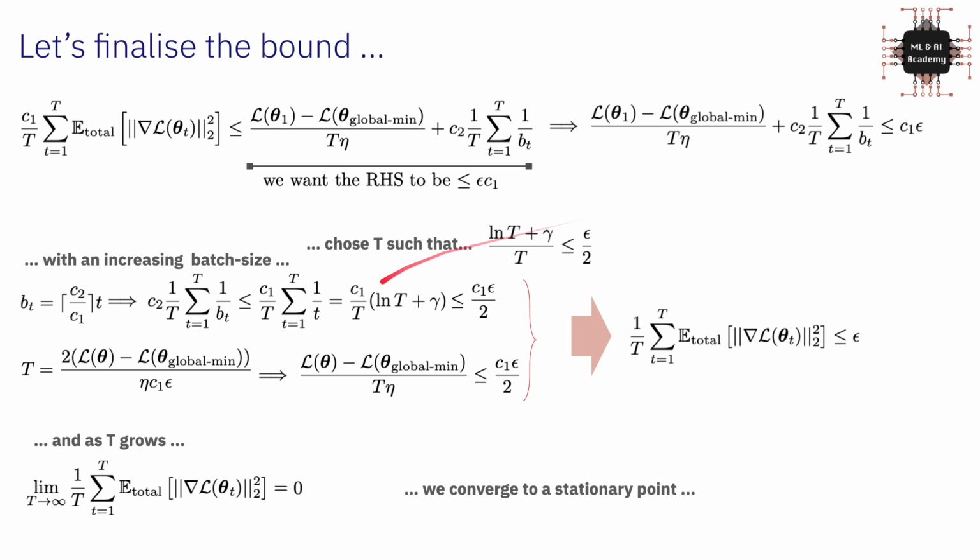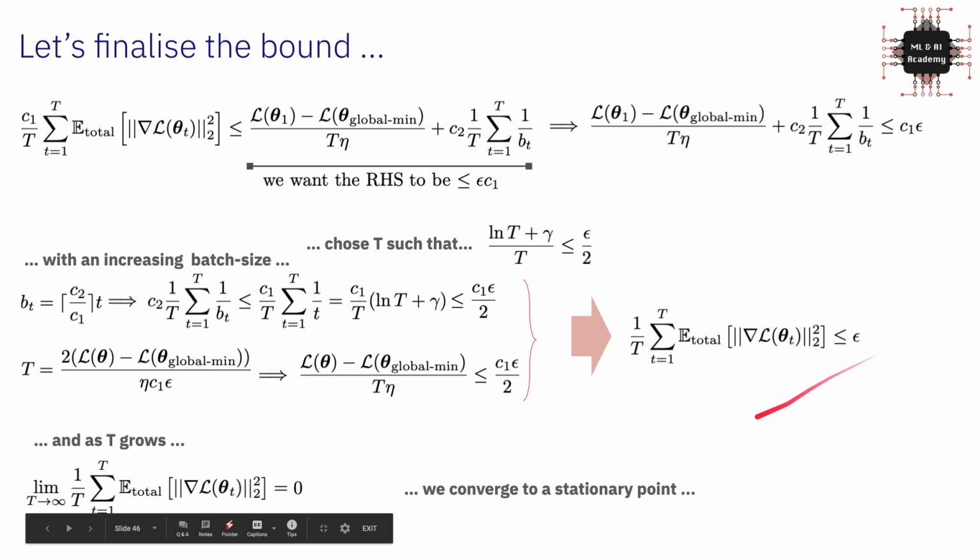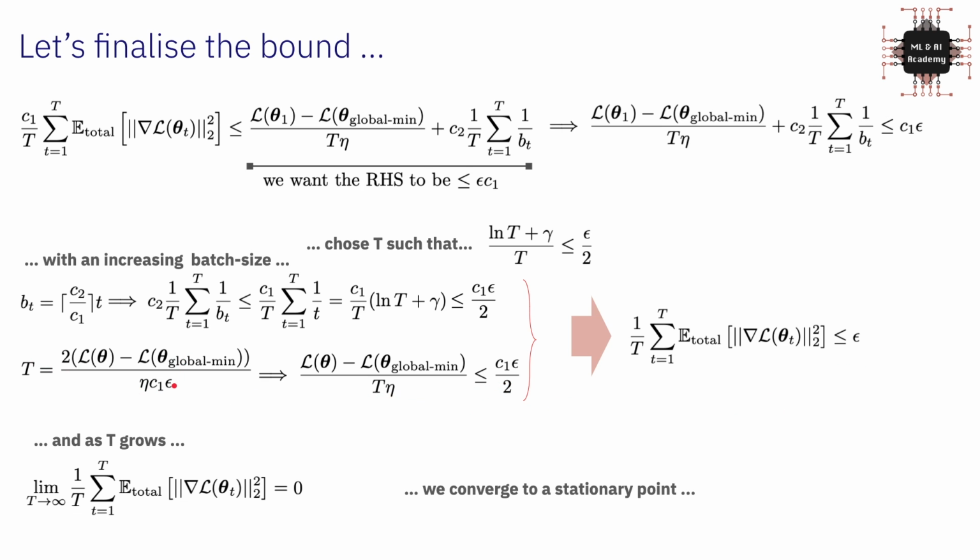So we're going to make the batch size some function of T, the integer value of C2 over C1 times T. And now, if that's the case, then this 1 over T summation of 1 over B_t will behave like ln T over T plus gamma, and that gamma just comes from the divergence of the harmonic series 1 over T. And now as T goes to infinity, ln T over T goes to 0, which means that we still get an epsilon stationary point if we choose our T to be on the order of 1 over epsilon.